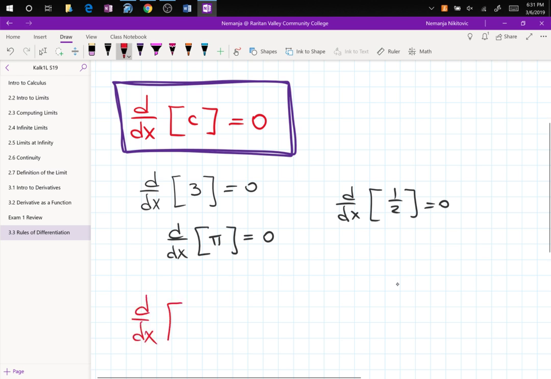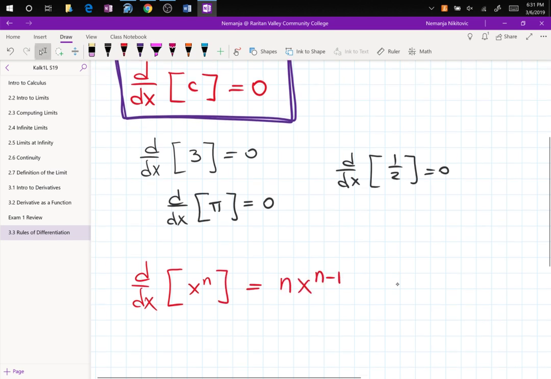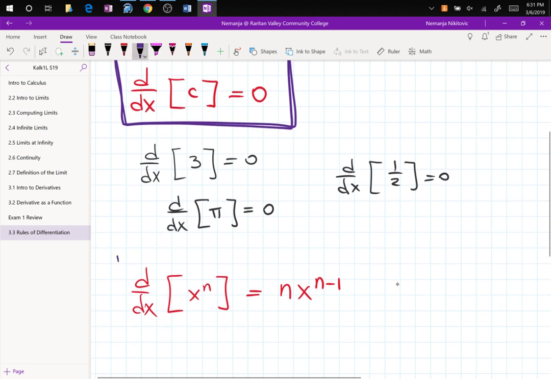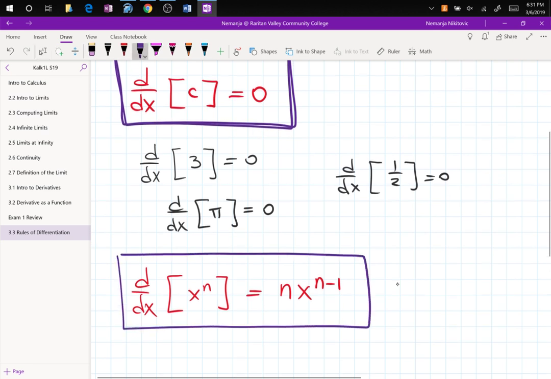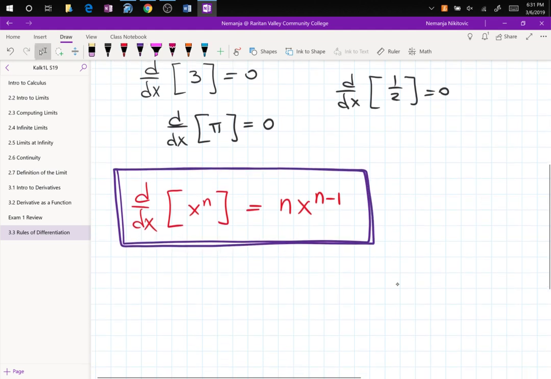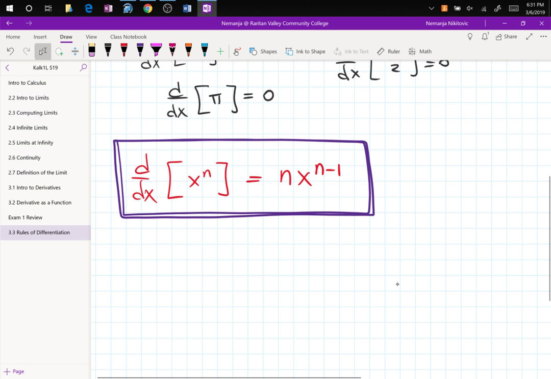The derivative of x to the n is equal to n x to the n minus 1. What is this good for? Polynomials. Very good. X squared, x cubed, x to 100. Right?